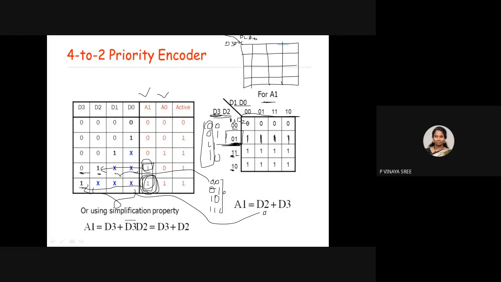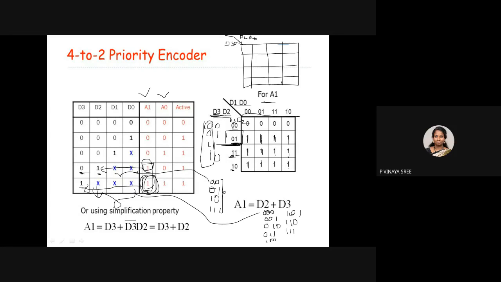Try to combine all of them, 0 0 0, 0 0 1, 0 1 0, 0 1 1, 1 0 0, 1 0 1 and so on, all will be don't care. Even if D2 is 0 or 1, we are least bothered, because these are all don't care. So if D3 is 1, we place 1 in this place. Here also D3 is 1, so we place 1.